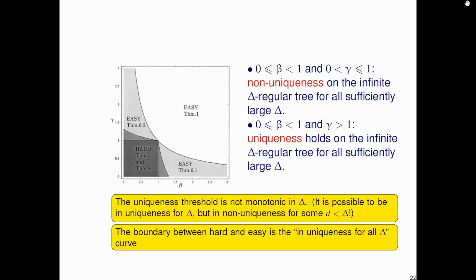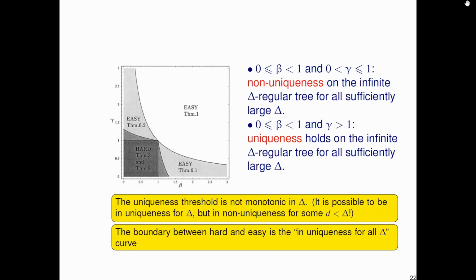And so the true threshold for whether you can approximate this polynomial in the upper quadrant is whether you're in uniqueness for all degrees up to delta, your maximum degree. Now, annoyingly, the world isn't always so nice: the uniqueness threshold isn't monotonic in delta.